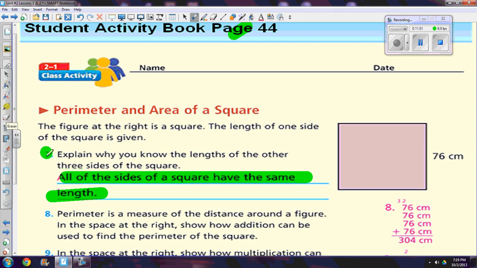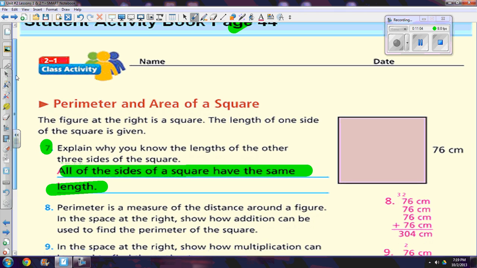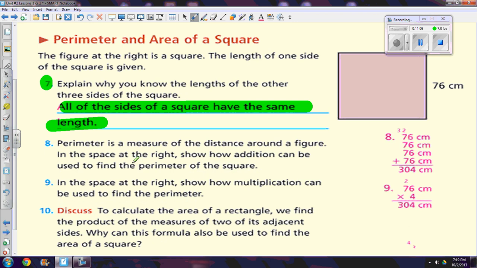So write that down for number 7. Number 8, perimeter is a measure of the distance around a figure. So in the space at the right, show how addition can be used to find the perimeter of the square. So you know one side plus the other side plus the other side plus the other side gives you 304 centimeters. So the perimeter would be 304 centimeters.